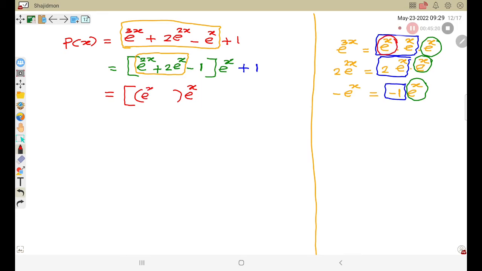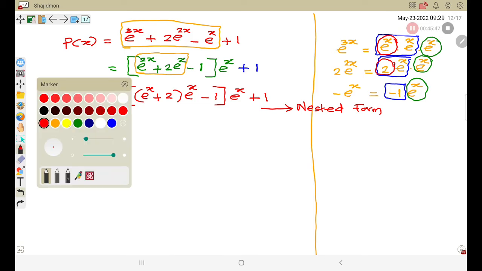So e power x plus 2 balance, that means 2 minus 1 same, multiply e power x plus 1. So this is what we are calling the nested form of that function, correct? Nested form. Okay. Now we are going to do the calculation.